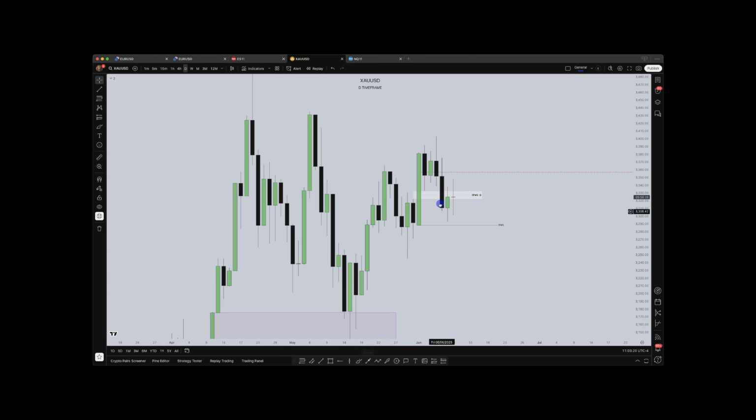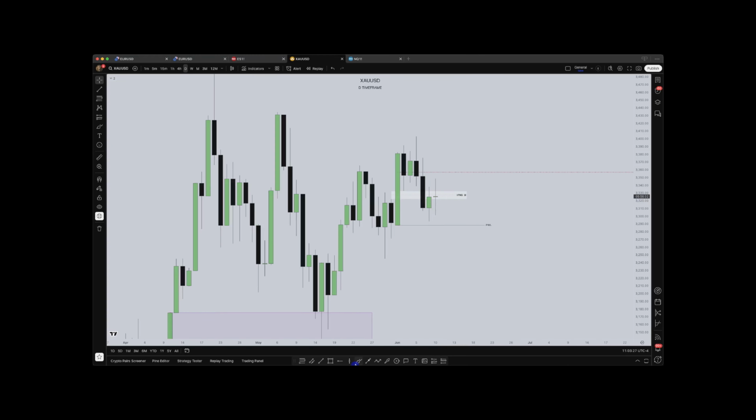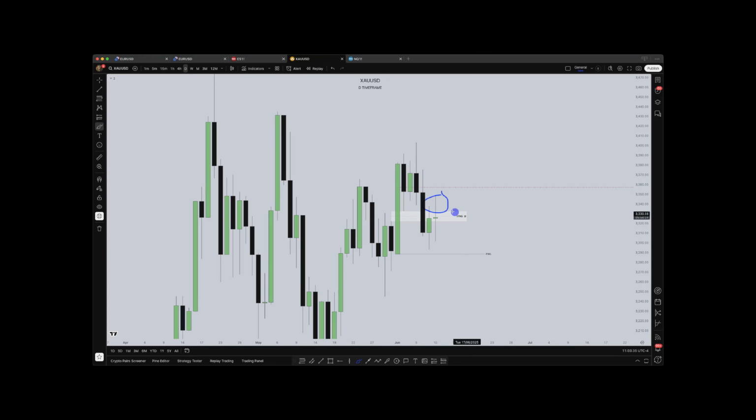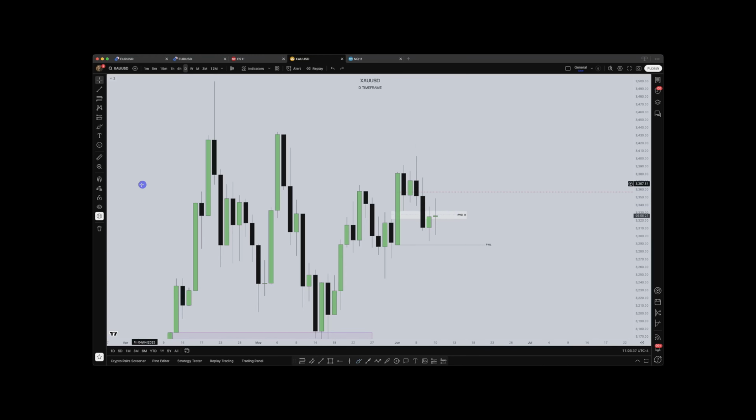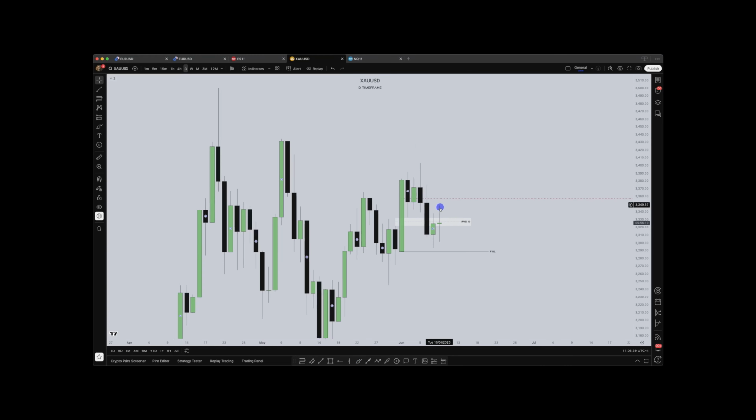So also it's nice to see the wicks making damage and bodies respecting. You see this green candle, body stays here, and today's candle wick makes the damage. So all this wick is the damage. Let's see how the body closes the day. We still have 5 hours.